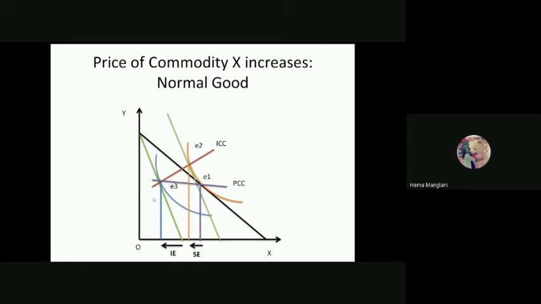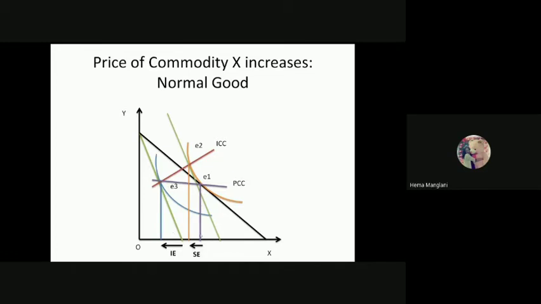That indicates your ICC curve, showing that real income is declining from E2 to E3. This red one is ICC, and combining these two effects, E3 gives you the price effect, the price consumption curve.